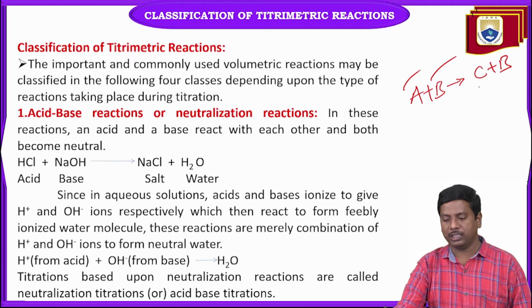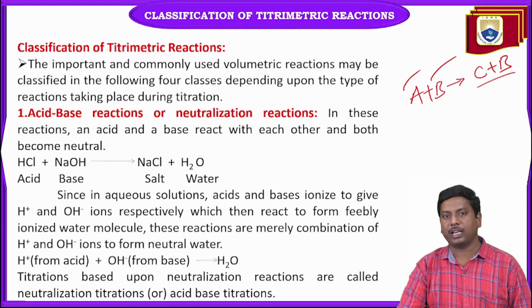If the resultant products are in a neutral state, they are called neutralization reactions. If the reactants are an oxidant and a reductant, they give redox reactions. Third, if the products are in the form of a precipitate, they are called precipitation reactions. And finally, if the products are present in a complex state, they are called complexometric reactions.